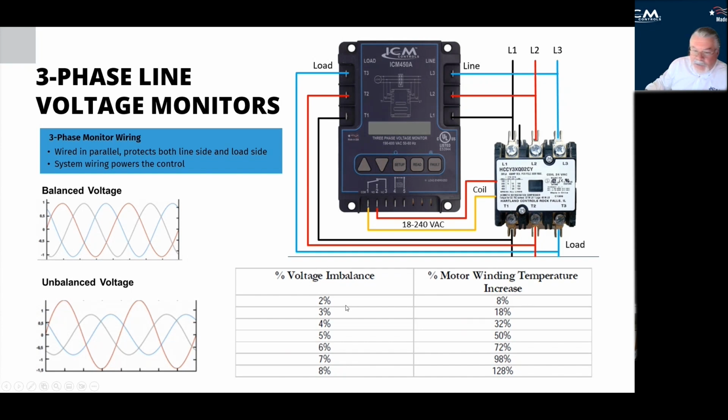And that's just with a 2% imbalance. Go all the way up to 5%, you're at a 50% increase to the temperature of the motor windings. As you can expect, that could cause damage very quickly. Take out compressors, motors, everything else. So it's very important to have a device like this to monitor that and drop it out if that condition exists.